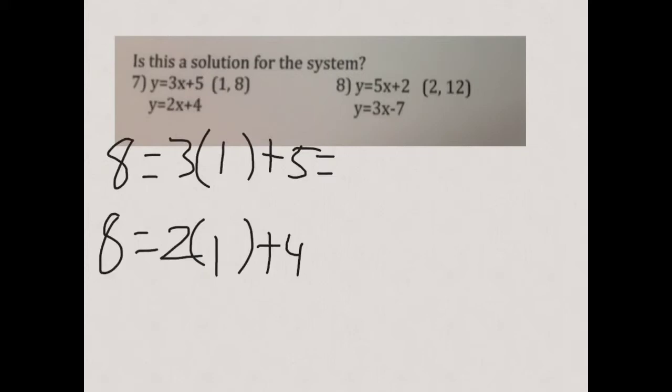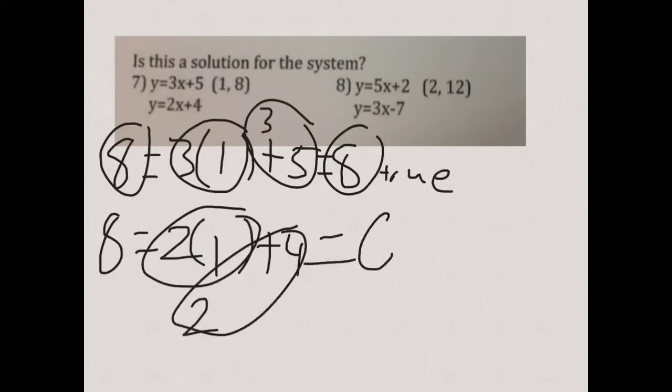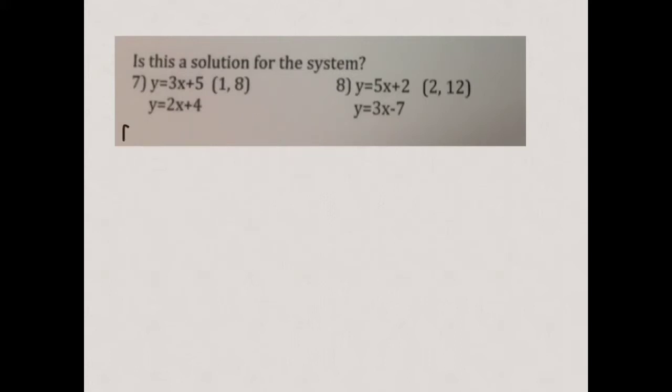Now, when I work this out, it should equal 8. 3 times 1, that's 3, plus 5, 8. That works. It's true. 2 times 1 is 2, plus 4 is 6. False. Or I can X them out. So this means that the first one is not a solution.